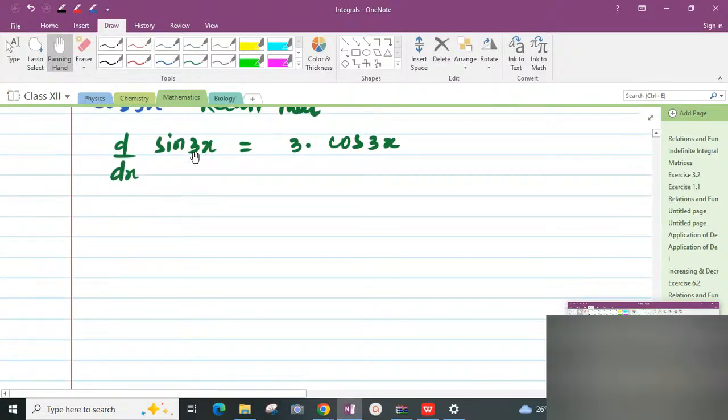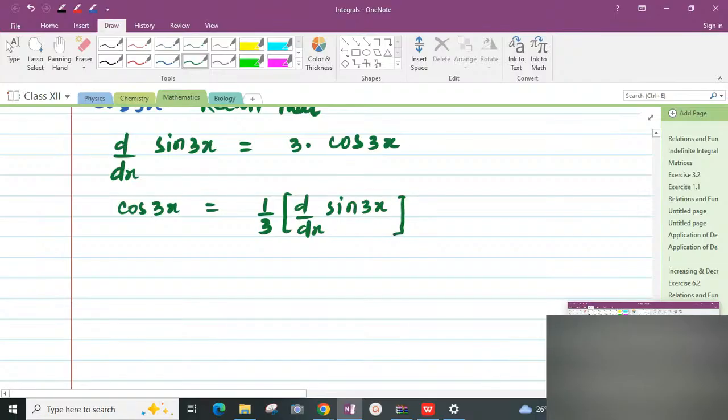Therefore, the next step here will be cos 3x equal to 1 by 3 d/dx of sine 3x equal to d/dx of 1 by 3 sine 3x.